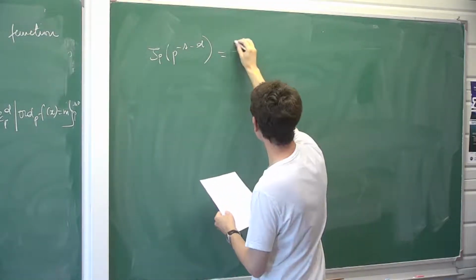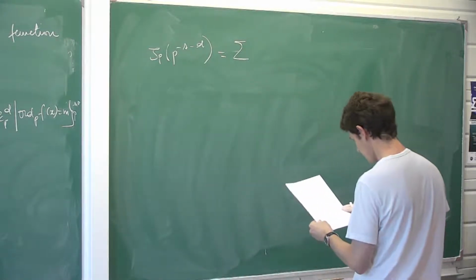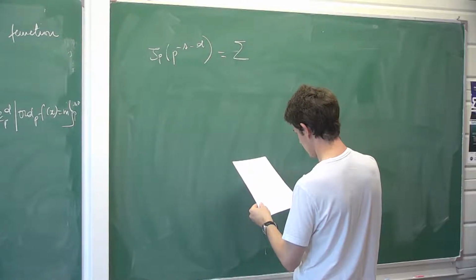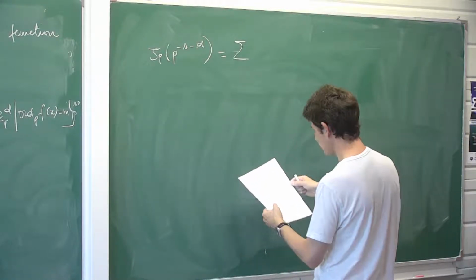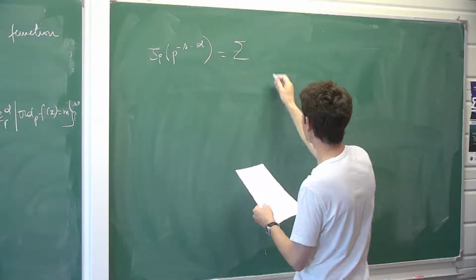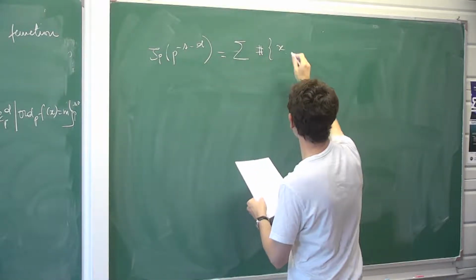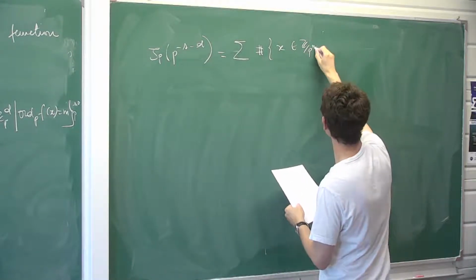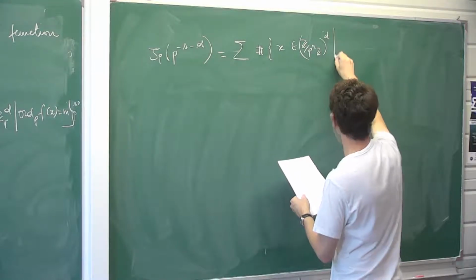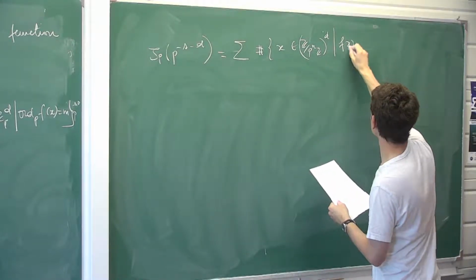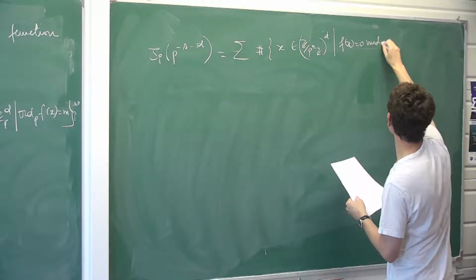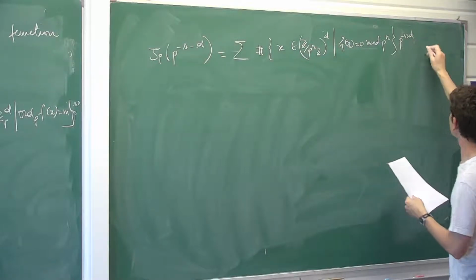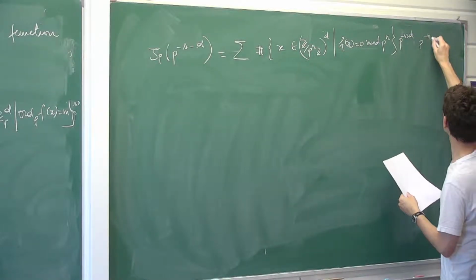First of all, you can observe that I replace t by this, and I have the cardinal of x in (Z/p^n Z) such that f(x) equals 0 modulo p^n, and then I have p^(-nd), p^(-ns).